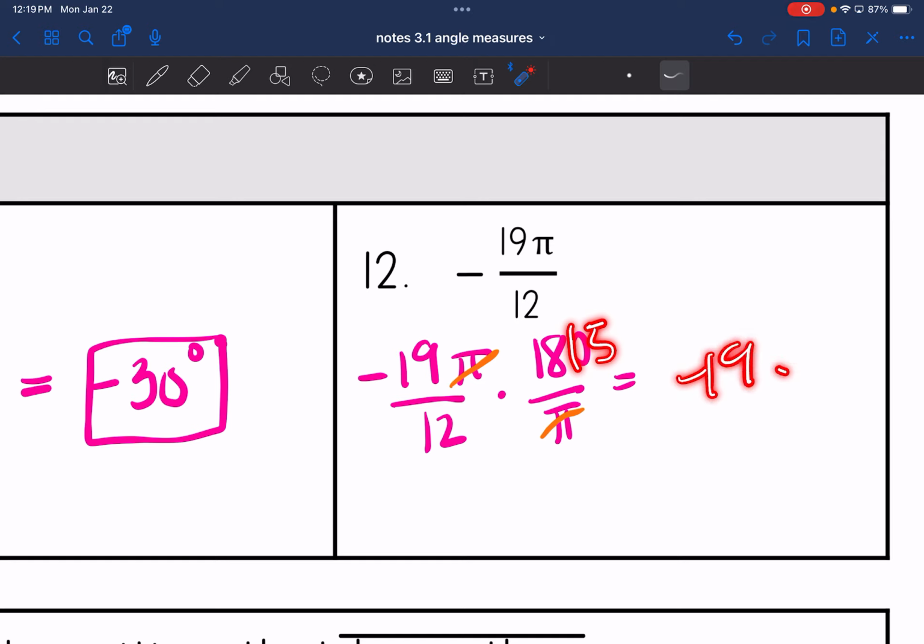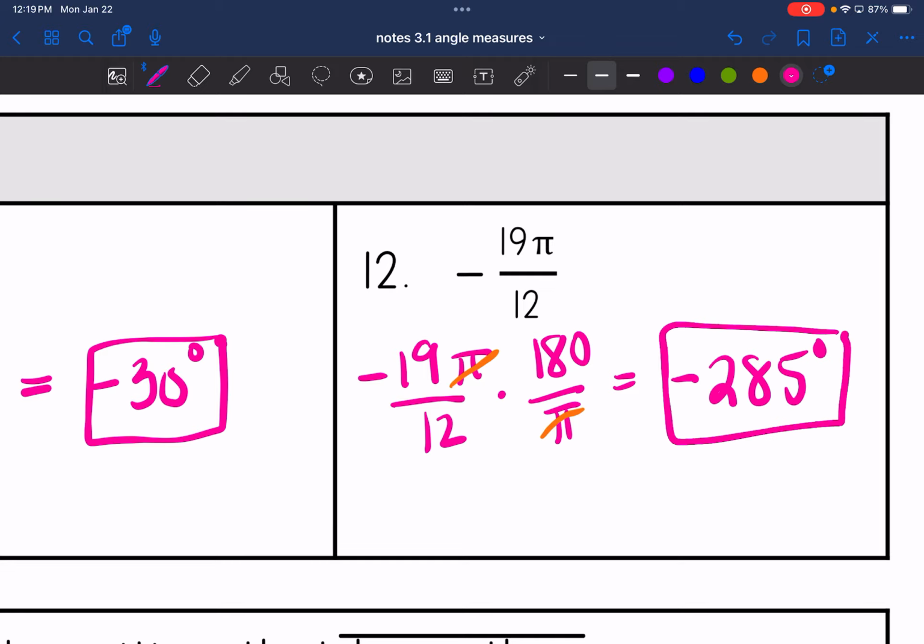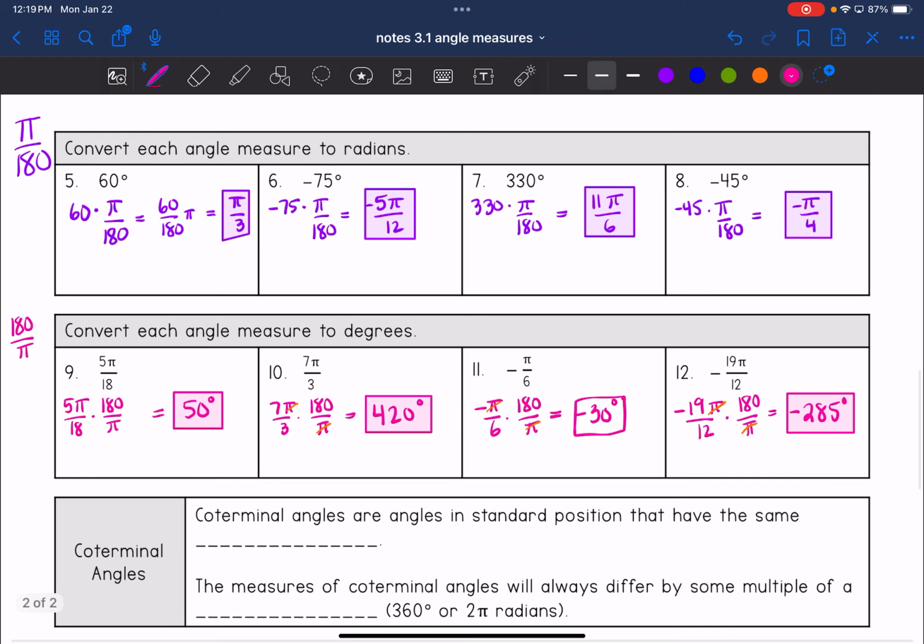And then negative 19 times 15 would give us, let me check, I think that's 285. Yeah, 285 degrees negative. Okay, so that is something that we need to get super good at, converting between radians and degrees, because depending on the problem that they give us later on, it has to be one or the other.